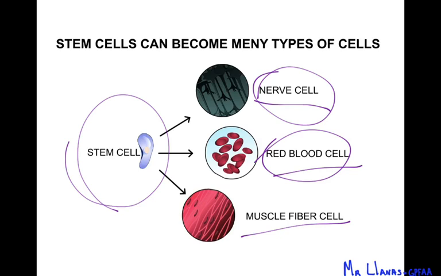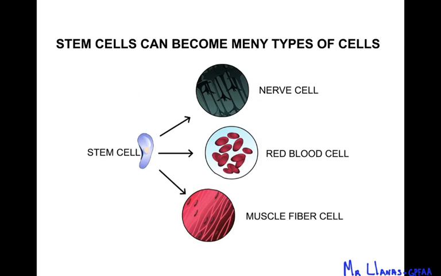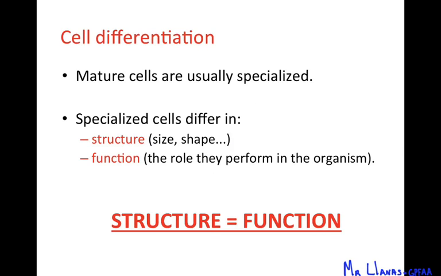Okay, but they all come from the same stem cell, so they're going to have the same DNA. And that's what cell differentiation is. This is just mature cells that are specialized. Remember that the structure, the size and shape, equals the function or the role that they perform in the organism.